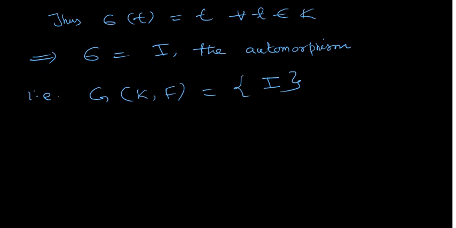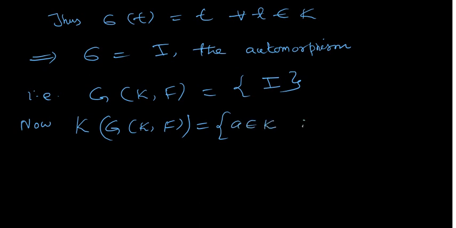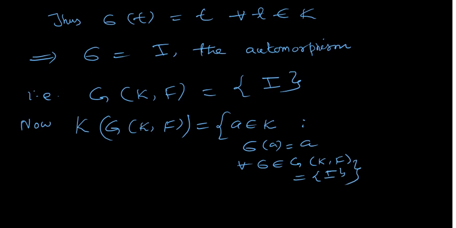Now we find the fixed field of this. Now what is a fixed field? Now the fixed field of this group, by definition, is those elements of K such that sigma of A is equal to A for all sigma belonging to this group of automorphisms, which is equal to the identity. In this there is only one automorphism, the identity. So this is equal to A belonging to K, those elements of K such that sigma of A equals A for all sigma belonging to G(K/F). Now G(K/F) has only the identity, that means I of A equals A. Now how many elements does I fix?